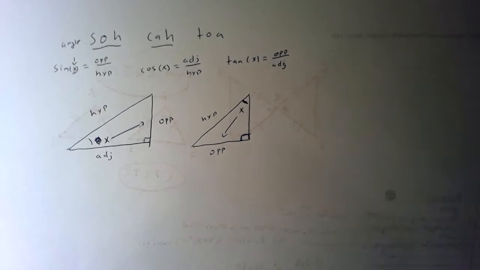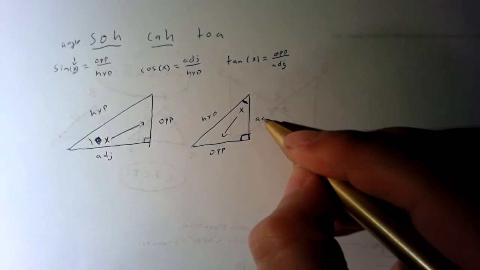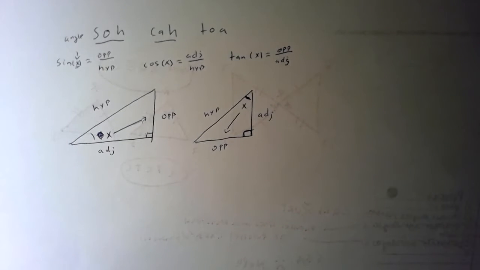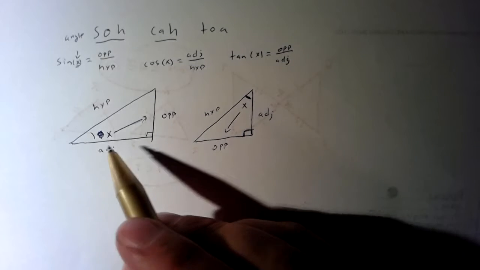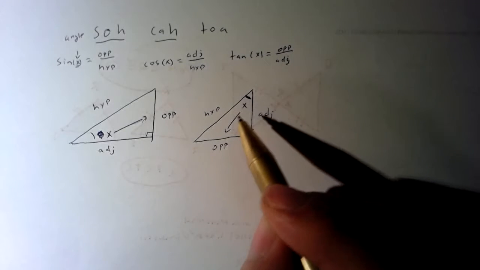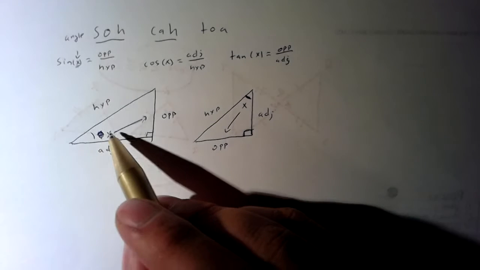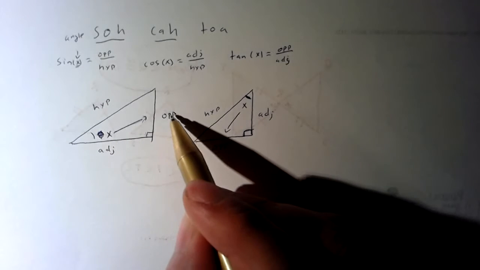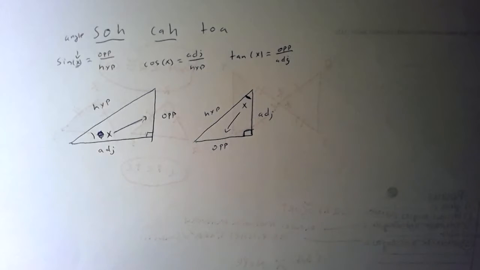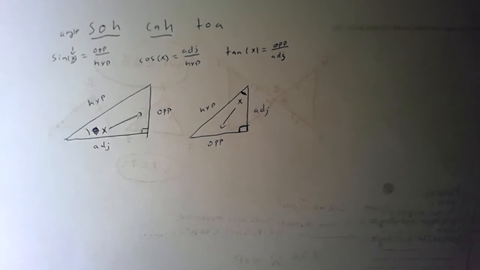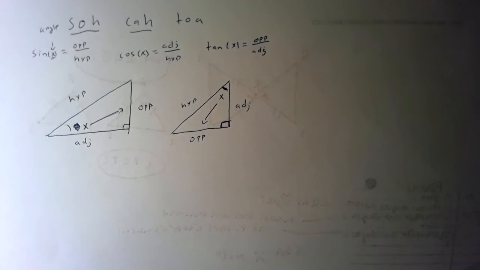Okay, so that's the opposite. And then the adjacent would be on this side. Alright. So it's important to know, when you're solving these problems, make sure you look at the angle that you're working with. You want to look at that angle and then establish which side is opposite and which side is adjacent. That's going to make the problems a lot simpler if we can just start off by identifying the appropriate sides and angles as well.